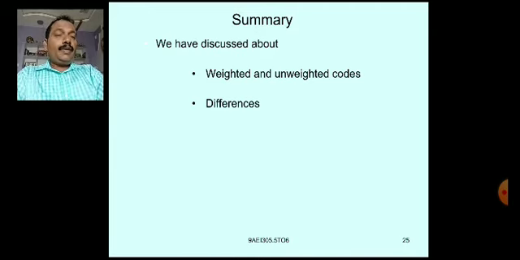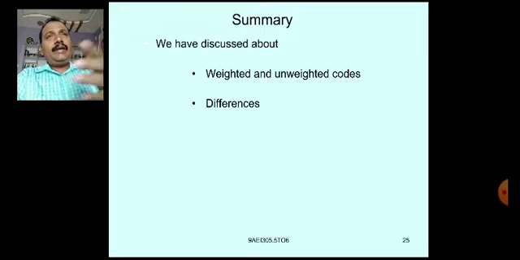So how do we get the excess-3 code? Just add 3 to each decimal digit, and then convert that into BCD code, and we will get the excess-3 code. And Gray code: for converting binary to Gray, you have to take the MSB as it is and add adjacent bits to get the value of the Gray code.